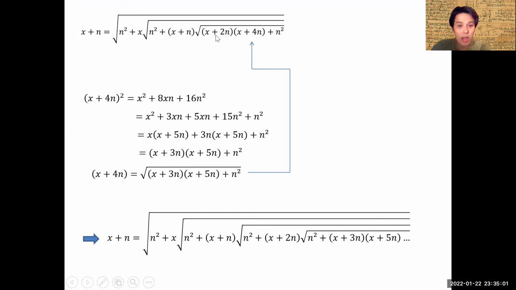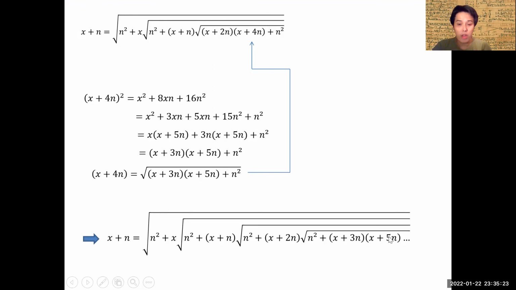Now notice the 2n is out already, because we substitute x plus 4n here with this entire radical. So this whole thing will be the root of x plus 3n. I just put the n squared over. It's the same thing, so the n squared is this n squared. x plus 3n, x plus 5n.